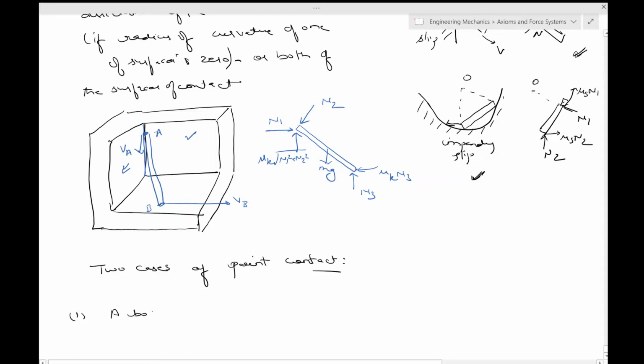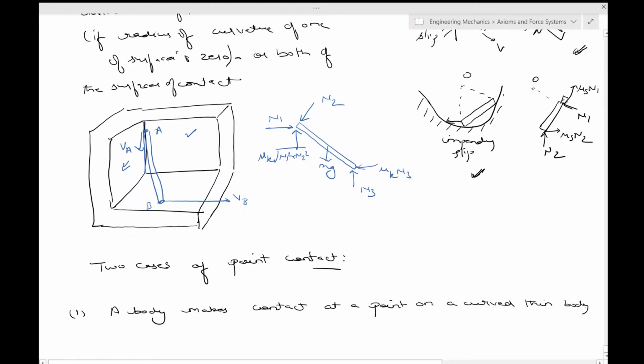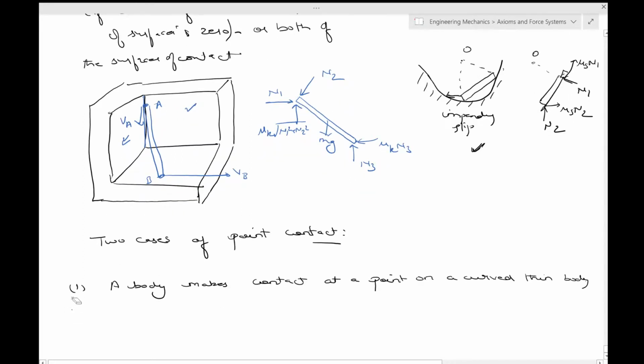A body makes contact at a point on a curved thin body, idealized as a curve C. An example can be a small bead on a wire. Let's see that with the diagram.